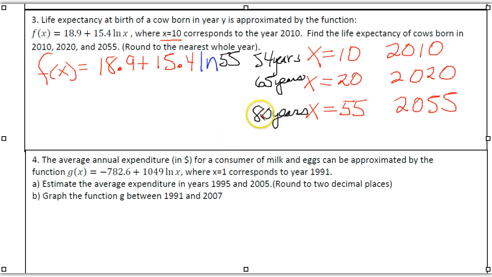I see this is the answer they give in the book, but I get 80.6. So if I'm rounding that off to the nearest whole year, I would think they would put 81. So again, it has to do with rounding and things. And if they're going to count 80 correct and 81 wrong, when I get 80.6, I'm going to have to challenge that. And again, if you know how to do it, I would give you credit for that.